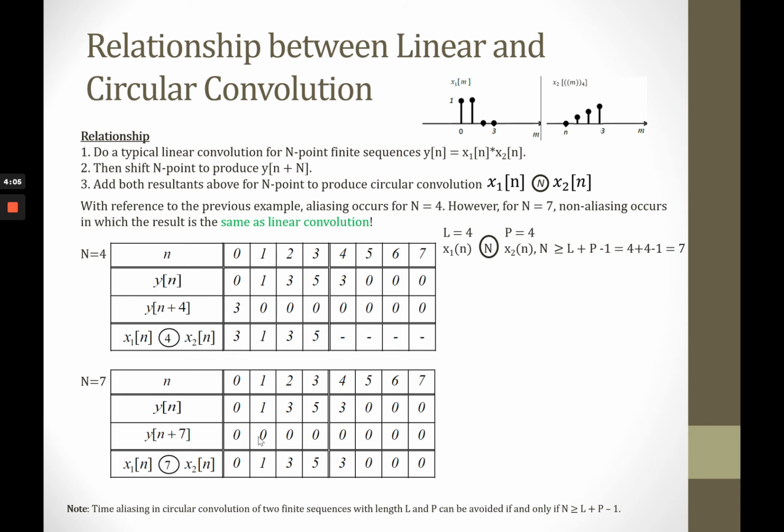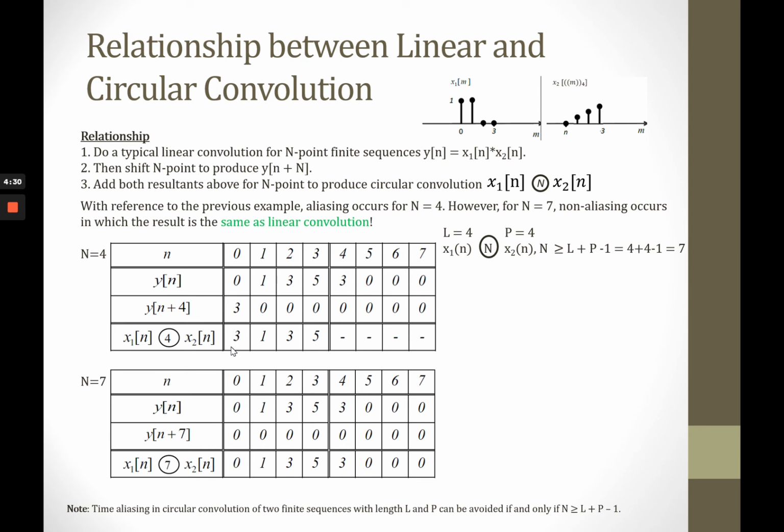Okay, we have 0 all the way. And we add these two signals in step 3 to produce the circular convolution between these two signals. Okay, when we add these two, we have this result. So this is the circular convolution between x1 and x2 for N equal to 7.